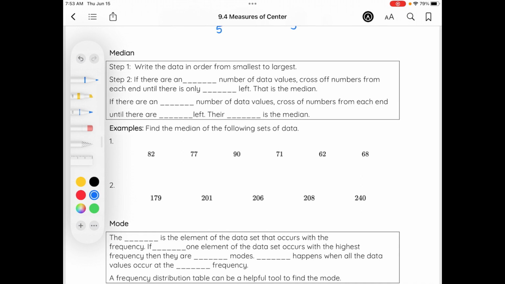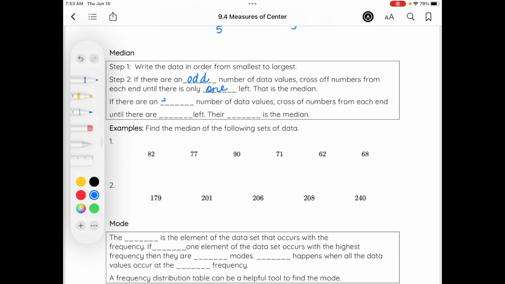The median. We first want to write the data in order from smallest to largest. And step 2, there's 2 outcomes. If there are an odd number of data values, we cross off numbers from each end until there is only one left in the middle.